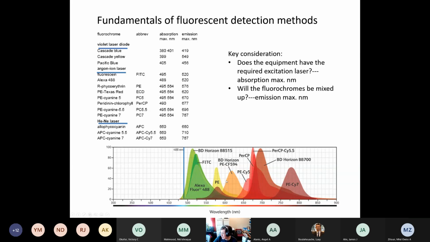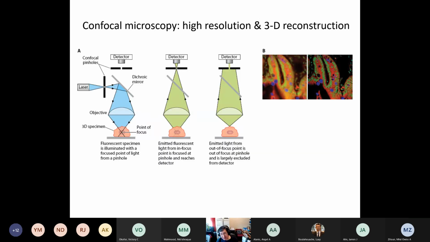You can see their peaks are far away from each other, so they're not overlapping. That means when you use a filter to capture the green light, you won't capture the tail of that red light. Okay, so that's the practical consideration when you want to choose two or three fluorochromes to detect different things.